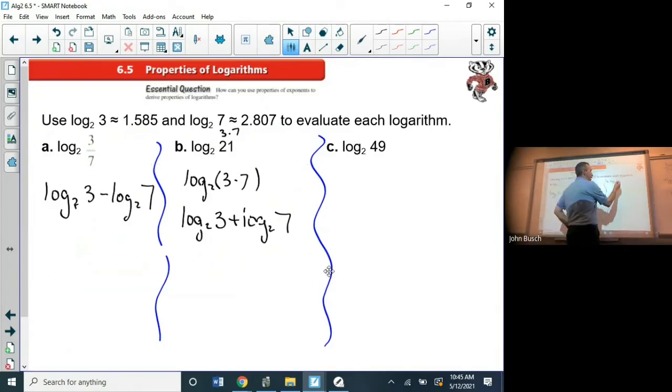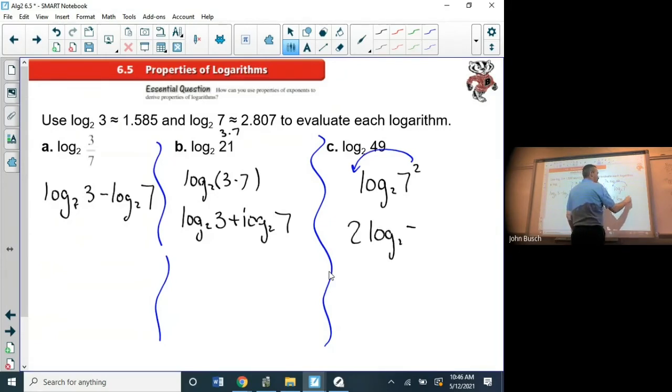So 49. I don't know how you can use 3 and 7 to get 49. You can use 7, because 7 times 7 is 49. So log base 2 of 7 squared. And that's the third rule, right? Because we have a power on something inside of a log. This power can go to be a coefficient out front. So we have 2 times log base 2 of 7.